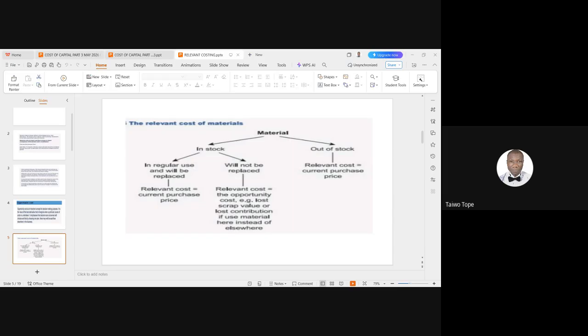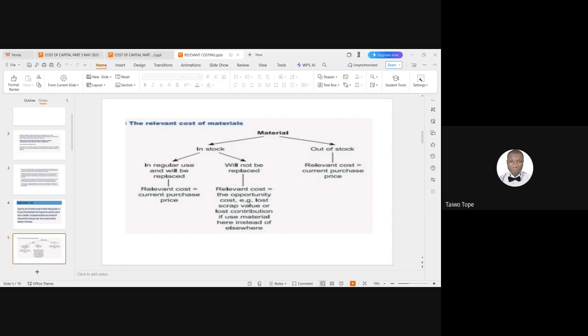If material X is not having any alternative use, what sacrifice am I making? The sacrifice can be either you sell at the disposal value, that is the net realizable value, or if it is being used in another aspect, what will be the contribution?